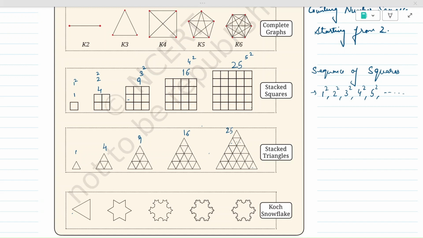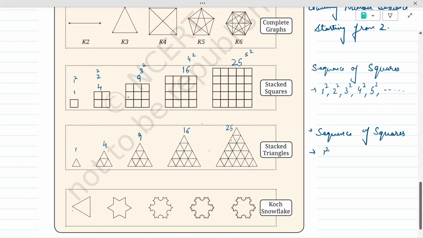So here also, these triangles are following a sequence of squares. They are also following a sequence of squares, but we are representing them in the form of a triangle. And in the above also, they are following the sequence of squares, but we are representing them in the form of squares.